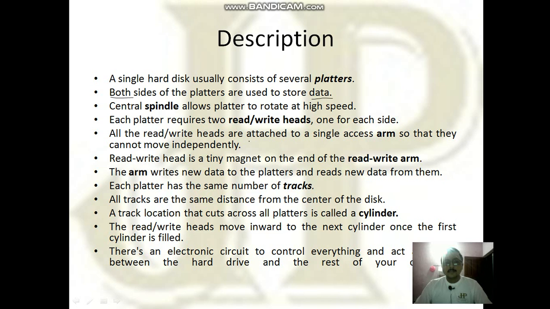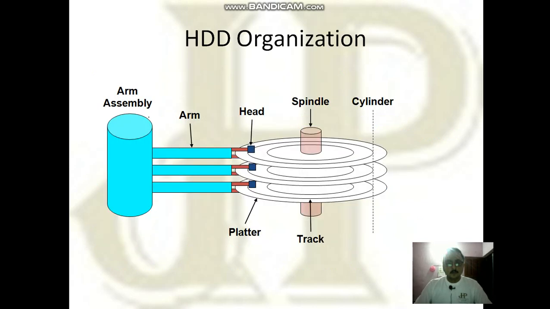All the read-write heads are attached to a single access arm so that they cannot move independently. Here you will see the arm, and in a single arm these two read-write heads are intact, so that whenever the arm moves, these two read-write heads move simultaneously.